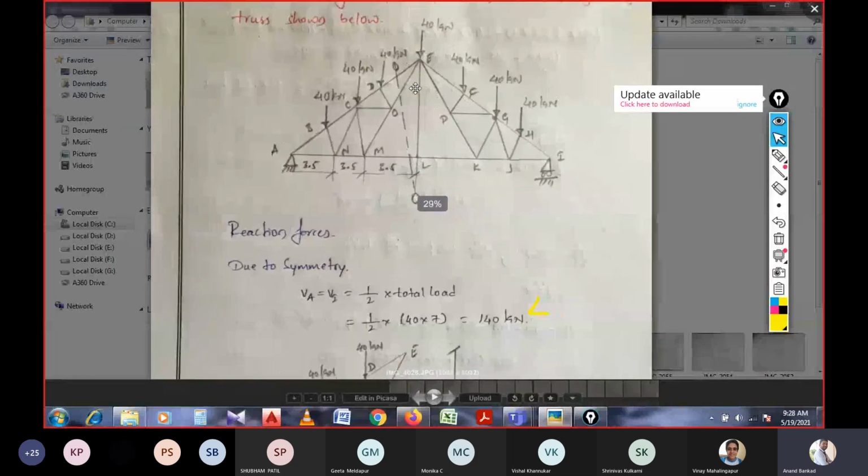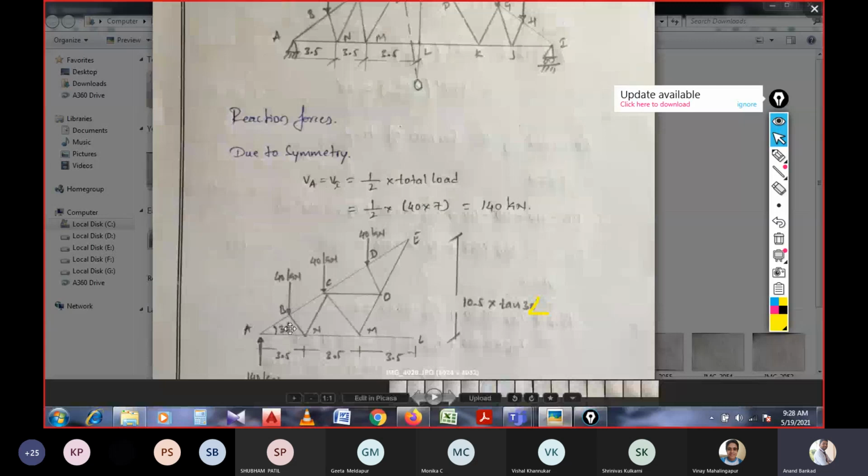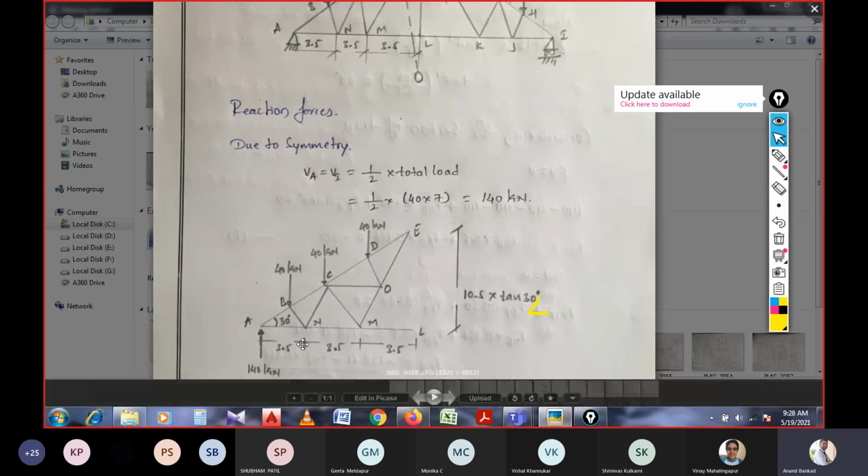The height of the truss is not given, since it has a 30-degree internal angle and a horizontal plane, and we have the length of the horizontal plane, but apart from that we don't have any vertical height or the hypotenuse length.